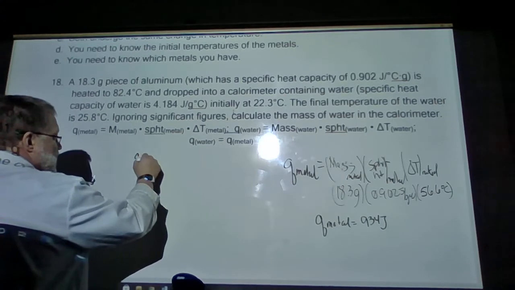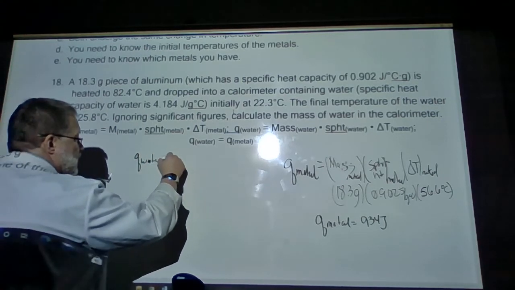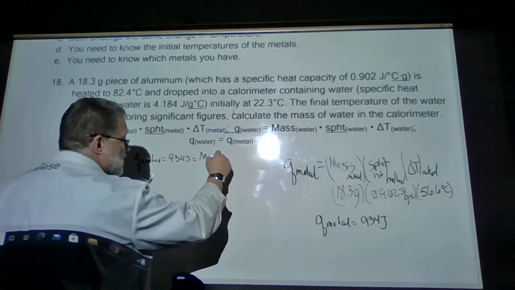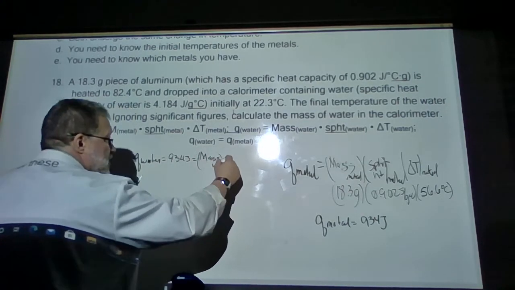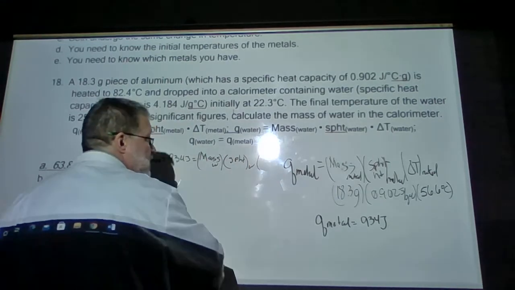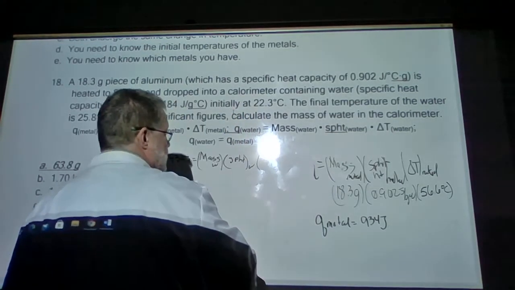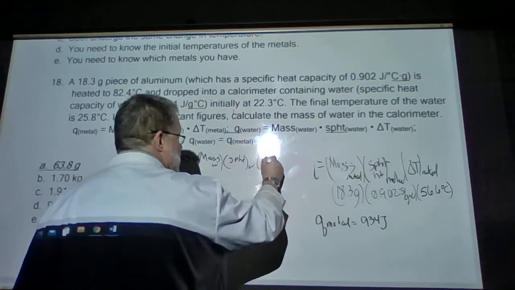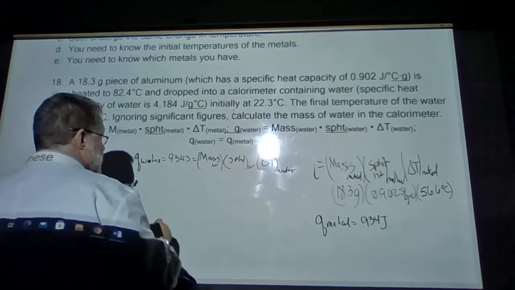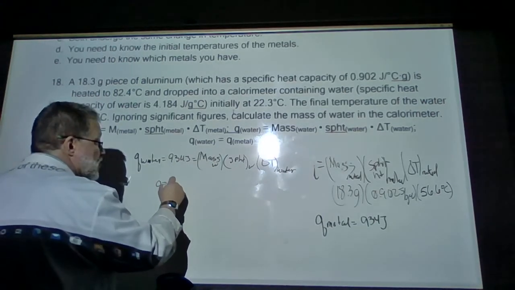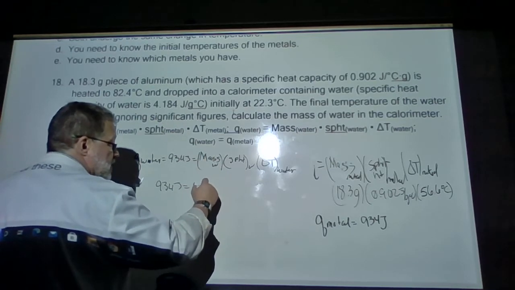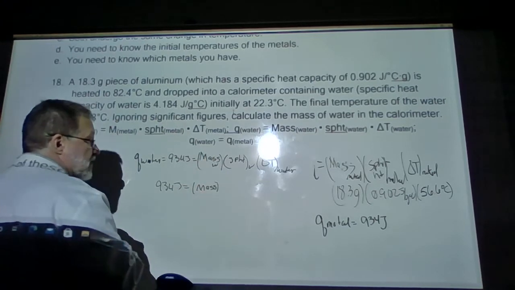So Q water, 934 joules, is equal to the mass of water times the specific heat of water times the temperature change of water. It wants to know what the mass of the water is.